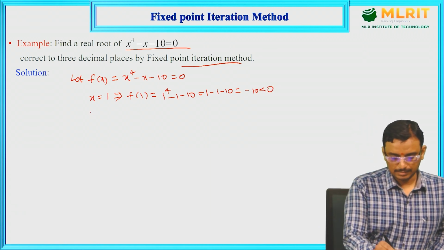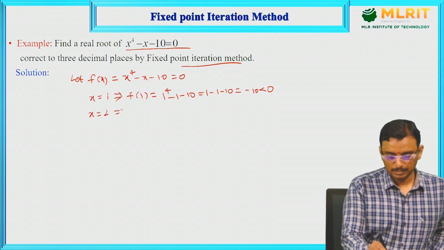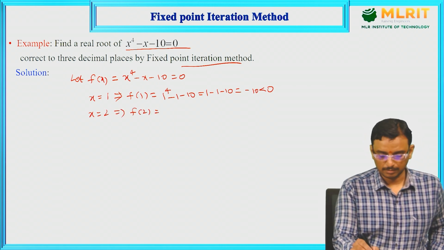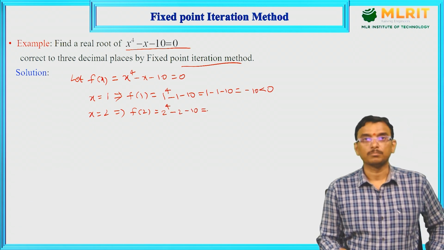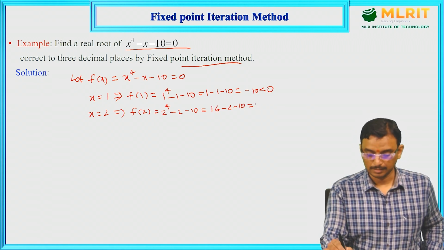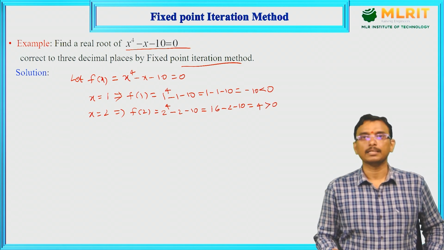Next, if we take x is equal to 2, f of 2 is equal to 2 to the power 4 minus 2 minus 10. 2 power 4 is 16, minus 2 minus 10, so 16 minus 12 is 4. It is a positive value, greater than 0.